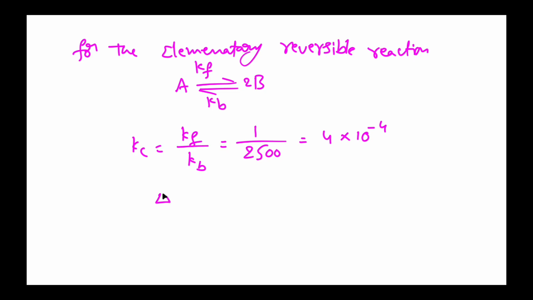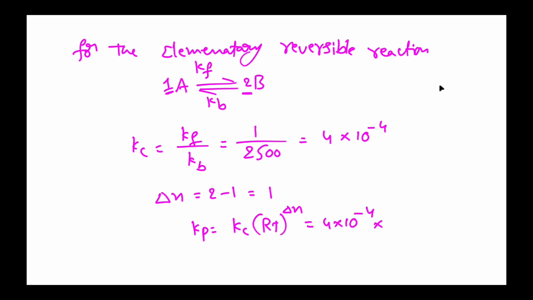From the reaction, delta N value is, this is 2 moles, this is 1 mole. So 2 minus 1 is equal to 1. So we know very well Kp is equal to Kc RT power delta N. So that Kc value is 4 into 10 power minus 4, R value 0.0831, into T value 1000 Kelvin, delta N value 1.